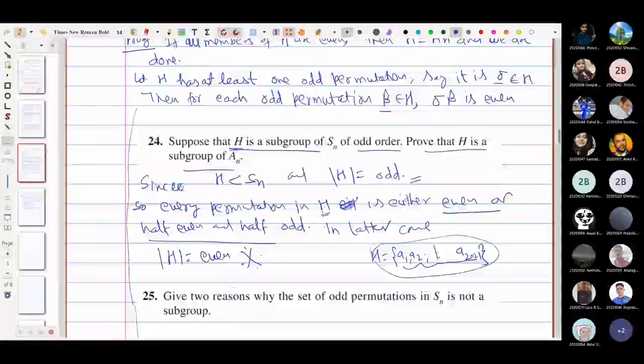A subset of An, because An contains all even permutations. And further, H is a subgroup of Sn, and H is contained in An. So this H is going to be a subgroup of An. H is a subgroup of Sn, and H is contained in An, whether properly contained or completely, it could even equal An, there is no problem. And since H is a subgroup, it will certainly be a subgroup of An as well. No issue. It's all right.